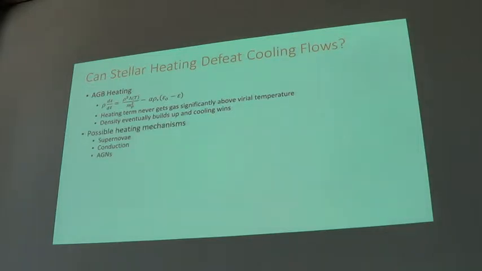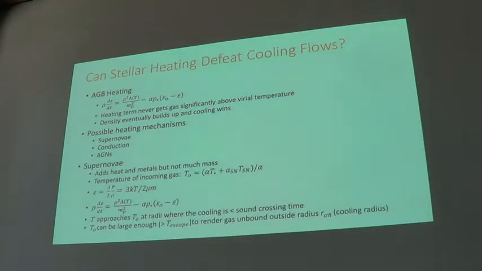So you need something else aside from Type Ia cooling if you're going to oppose the radiative cooling, and you know what they are: supernovae, conduction, and AGNs. And supernovae, as I'll show you, works great for lower mass galaxies.